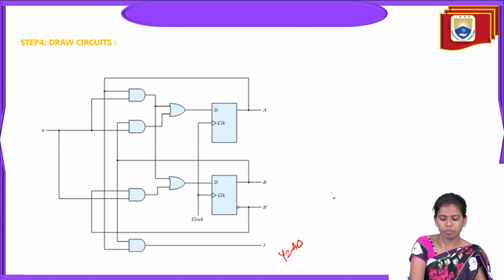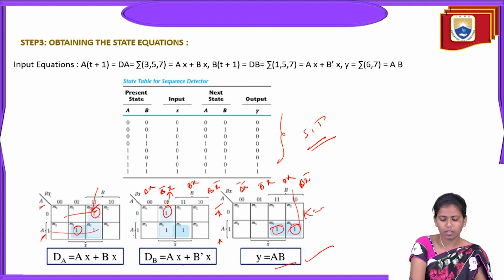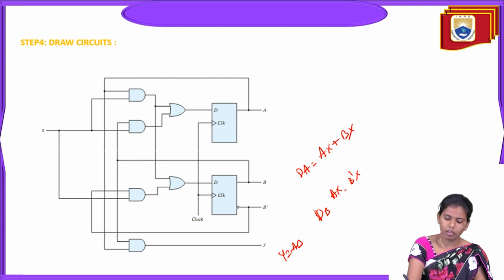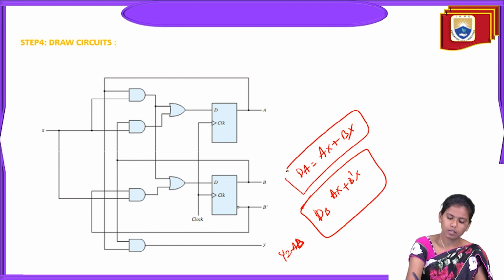And AX plus B bar X, this is dB, and dA is AX plus BX. Okay. So out of these 3, we can make use of this particular diagram.